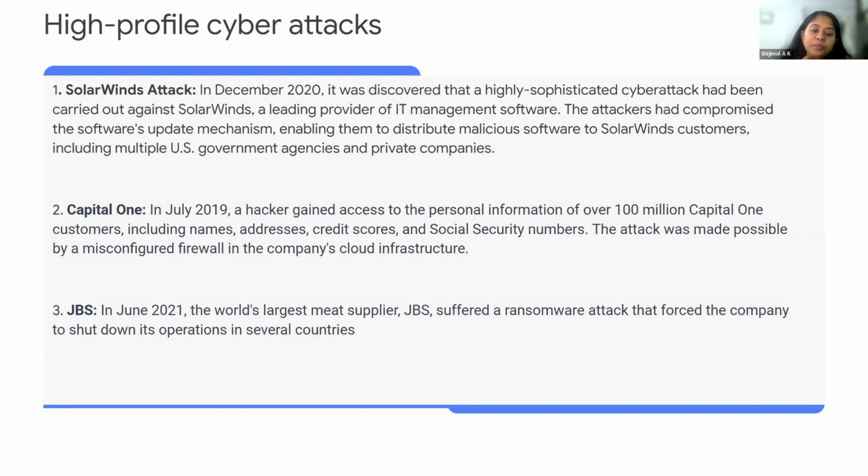The Capital One attack is another hyped attack that happened in 2019, where a hacker was able to gain access to customer information, such as credit scores and social security numbers, very sensitive information. Once the data is accessed, what can we do with the data? You have the addresses, credit scores, SSNs, and all.